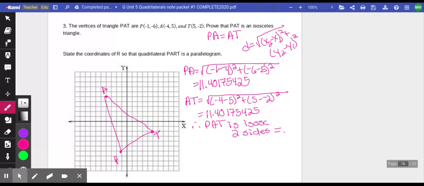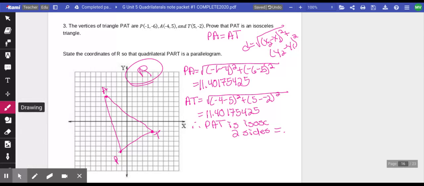So now I want to find R, so that PART is a parallelogram. So I know that R needs to be in this area because I need to go in order. So PART. So to find R, what I'm going to do is use the fact that my slopes have to be the same. So from P to T, you go up 1, 2, 3, 4, and over 1, 2, 3, 4, 5, 6.